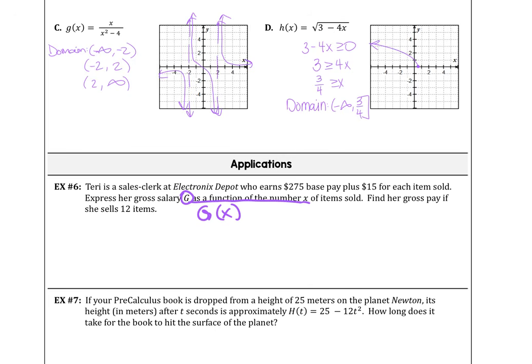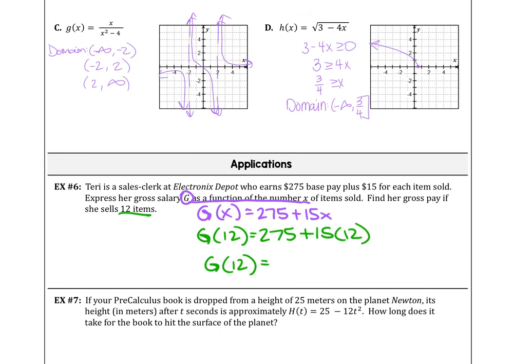G as a function of the number X, okay? She gets paid $275 no matter what she sells, plus $15 per item she sells. Now for 12 items, so G of 12 will be 275 plus 15 times 12. So when she sells 12 items, her total salary is $455.